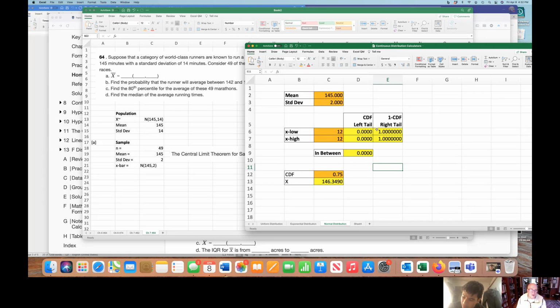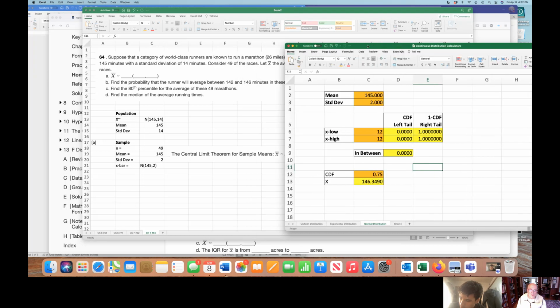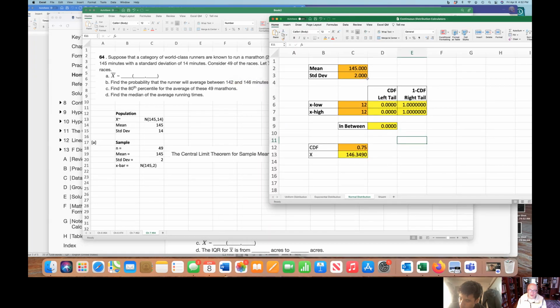They want to know the probability that the average is between 142 and 146. Plus or minus 1 standard deviation would be 143 to 147. Do I have the right numbers in here? Yes.